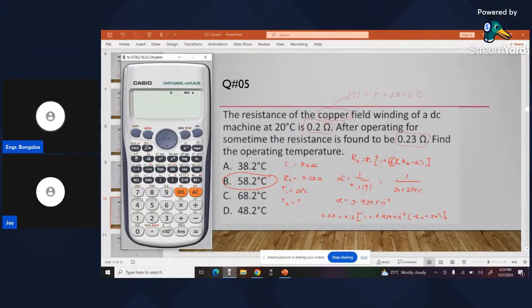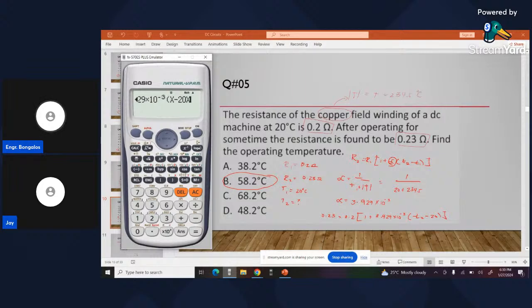Okay, using shift solve, 0.23 equals 0.2, then parenthesis, 1 plus 3.929 times 10 raised to negative 3 times x minus 20.